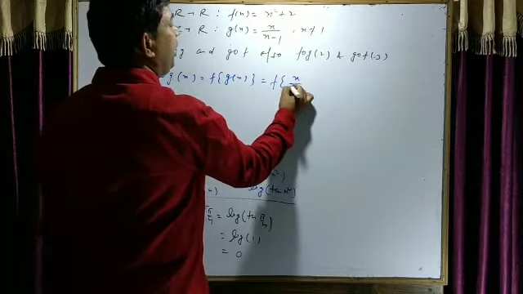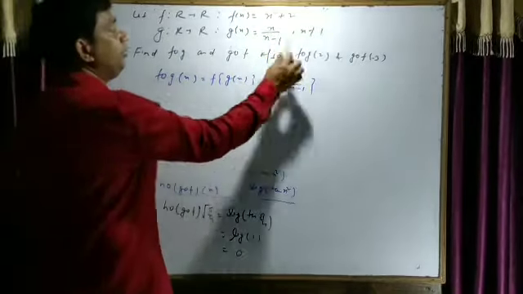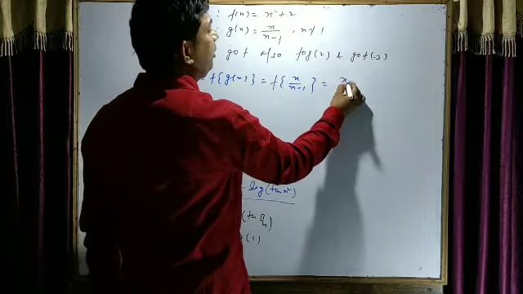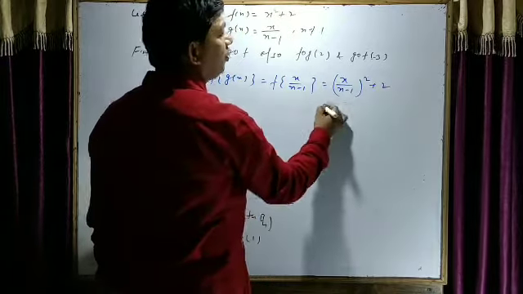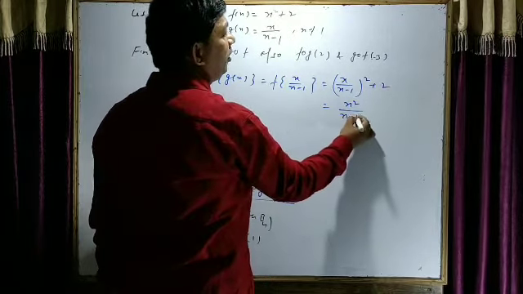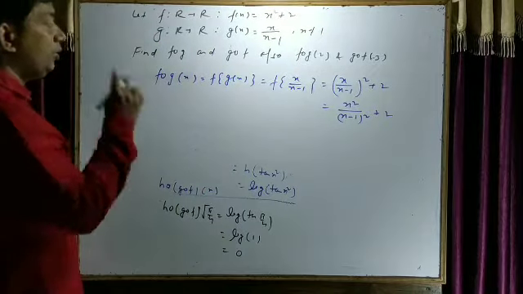So x by x minus 1, this is g of x. Now what does f of x mean? This is x minus 1 whole square plus 2. So this is x square by (x minus 1) whole square plus 2. This is the answer for fog.